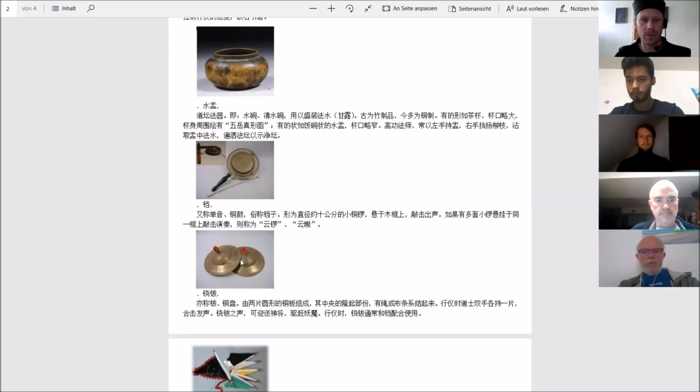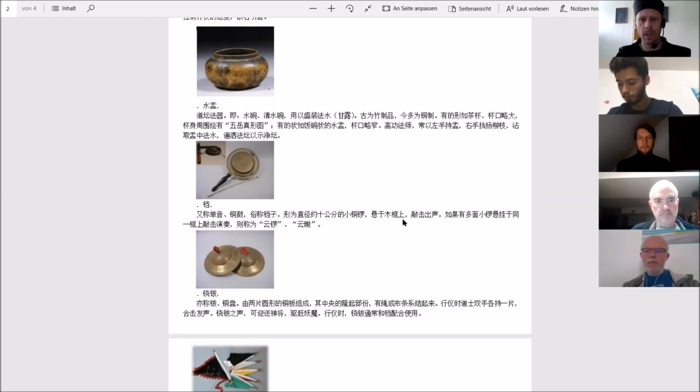The cymbals are actually just copper, I guess. They weigh a lot and they are quite huge. I have a few more photos of this.